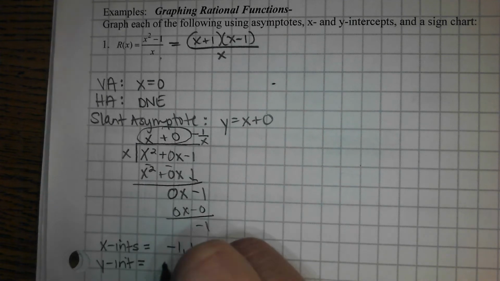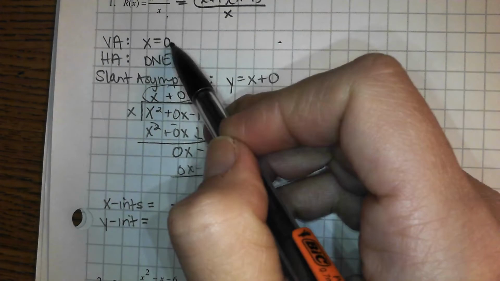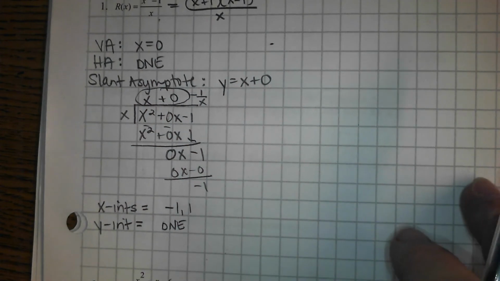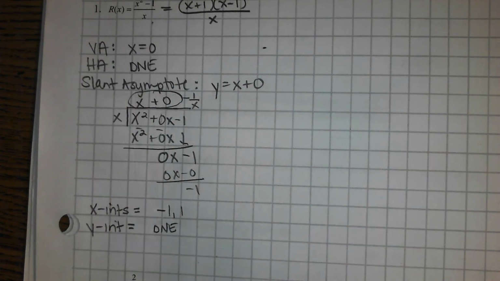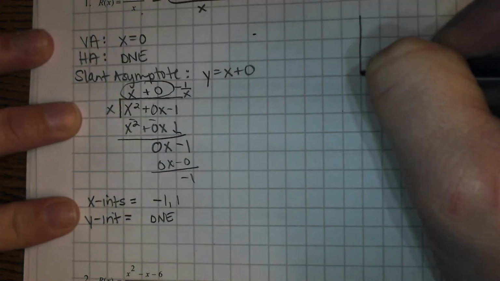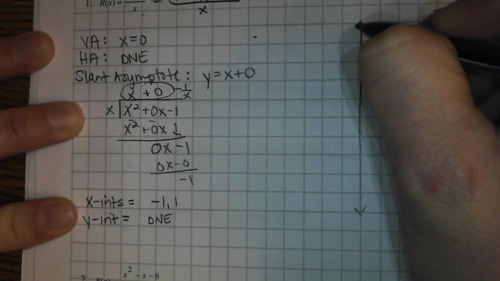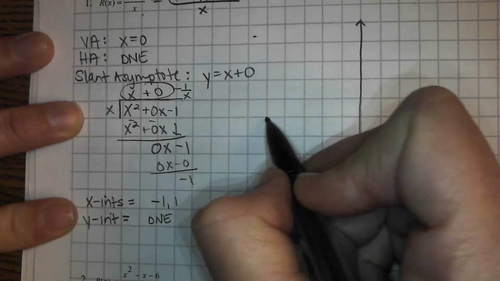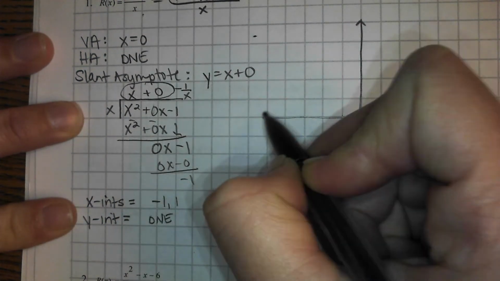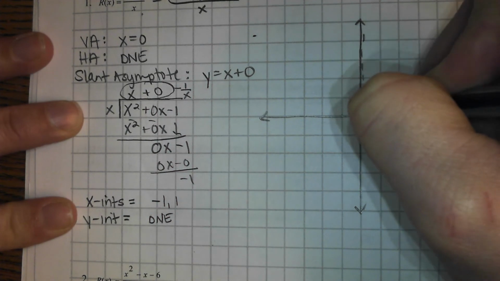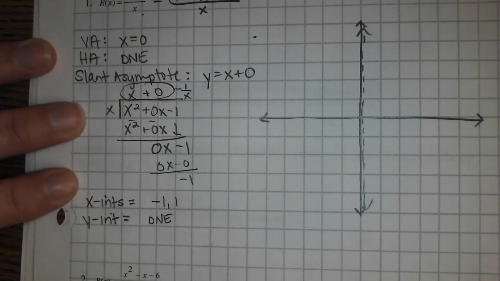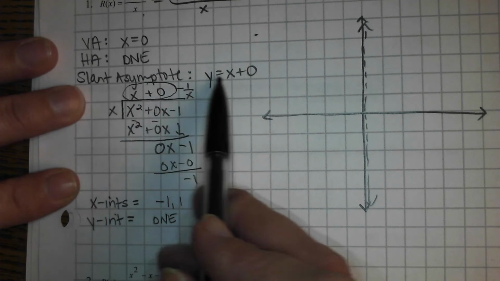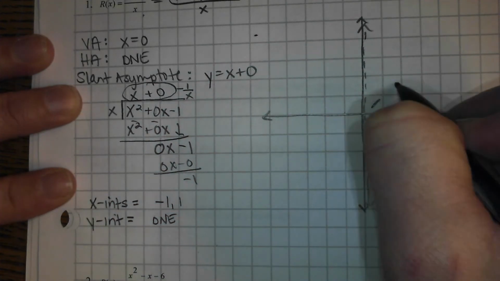And of course it doesn't exist because there's an asymptote at x equals 0. The y-axis is an asymptote, so you're not going to have a point on it. So your asymptote is the y-axis, and you have an asymptote on the equation of the line y equals x.